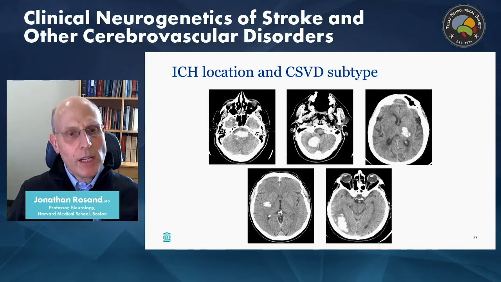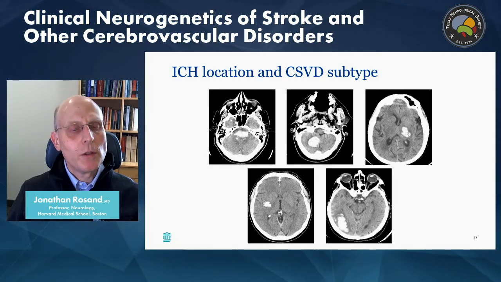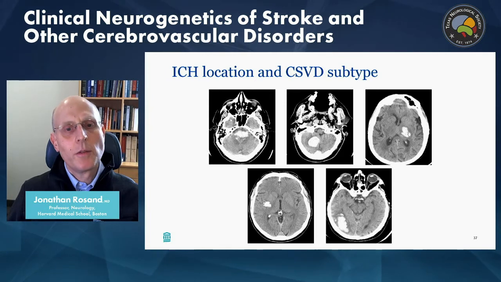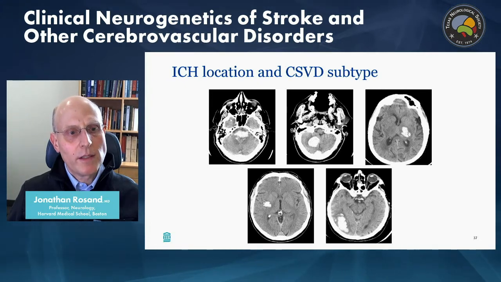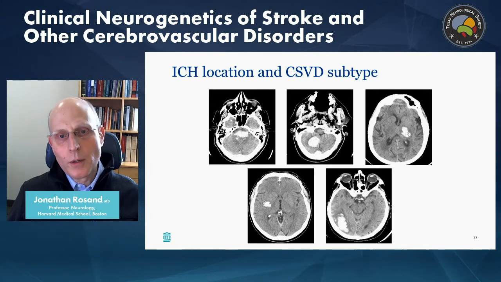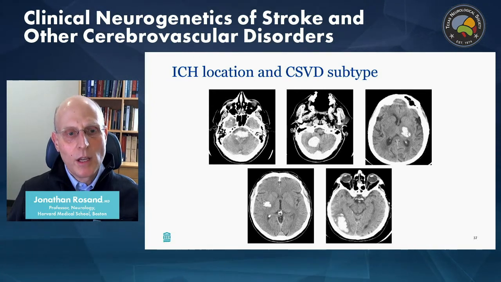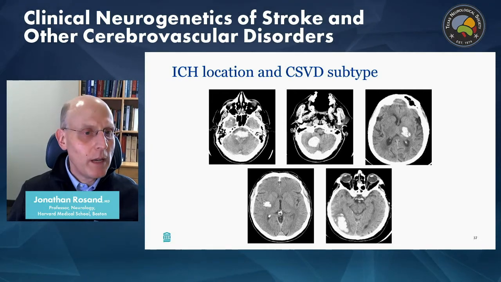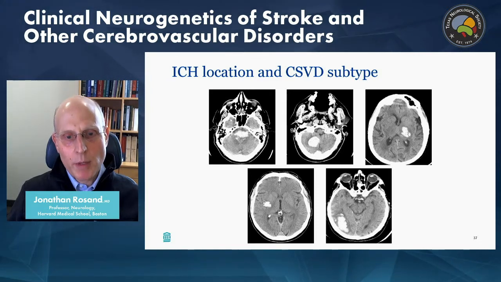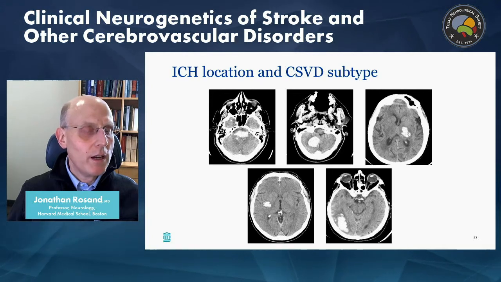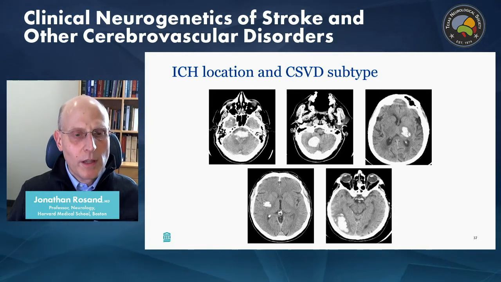When we see a patient with ICH, we use location as a surrogate for identifying what we think is a subtype of the underlying small vessel disease. So if that hemorrhage is in the brainstem or the cerebellum or the deep territories such as the thalamus or the basal ganglia, we tend to think of what many of us call hypertensive vasculopathy, or hypertensive arteriopathy, or arteriolosclerosis.